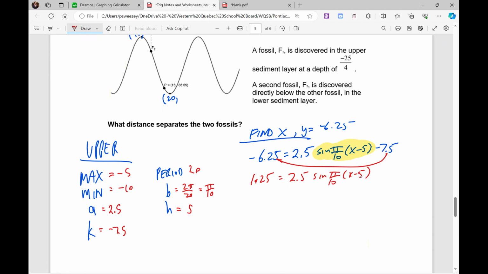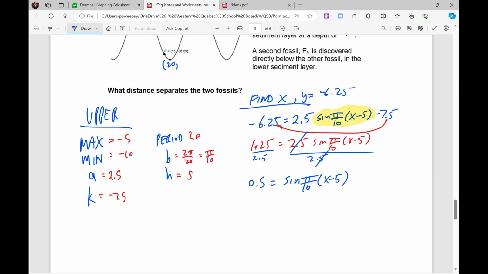That didn't change. We then still divide by 2.5, because we want to figure out, on this one, he'd be positive 0.5 is equal to sine pi over 10 x minus 5. Now, I have a nice decimal there.